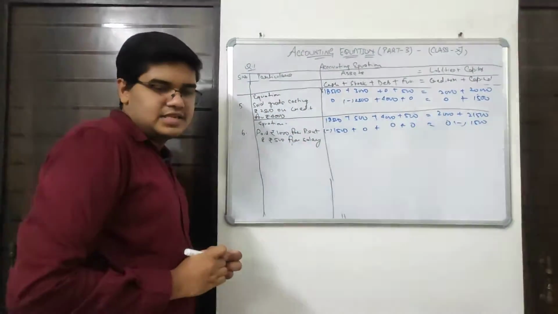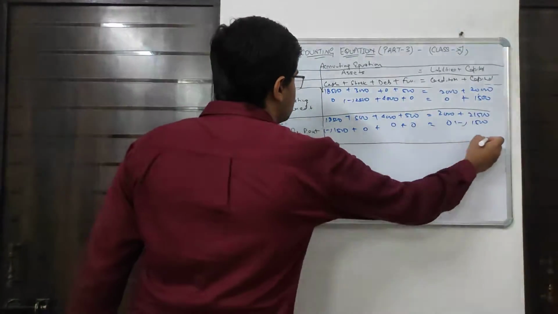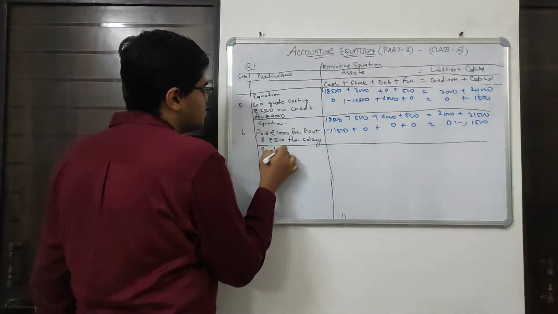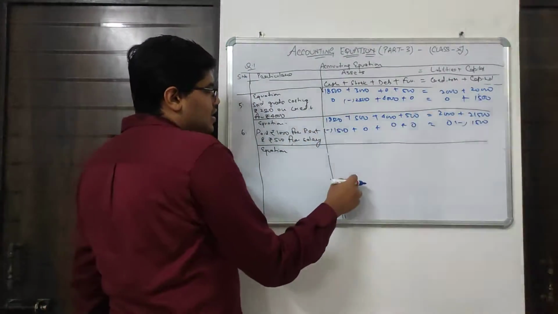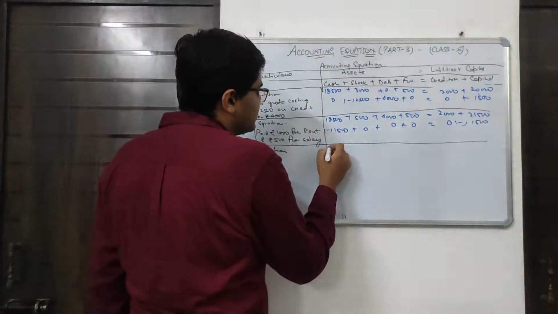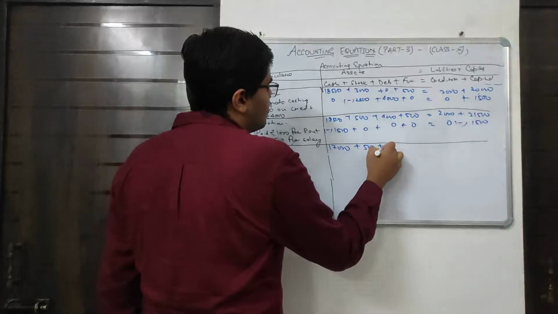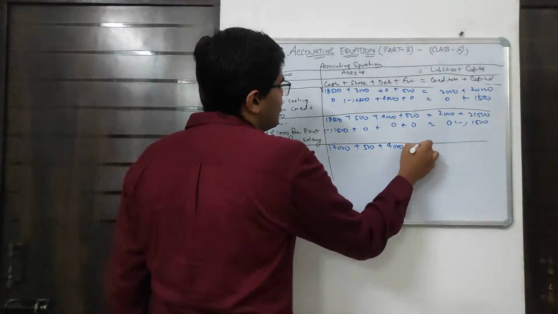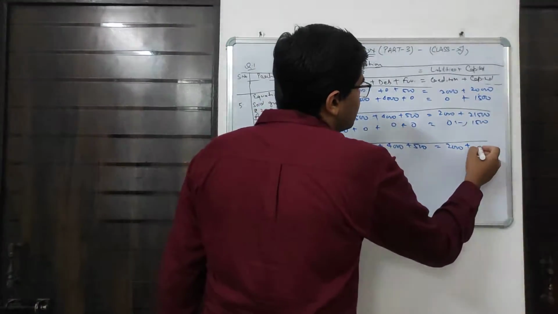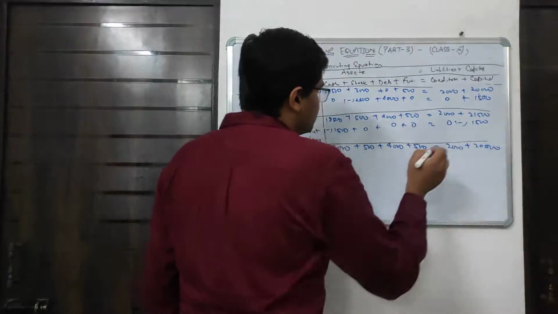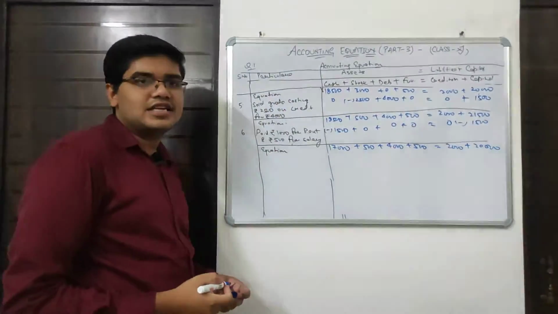Now we can frame an equation to see whether it is balanced. 17,000 plus 500 plus 4,000 plus 500 is equal to 2,000 plus 20,000. So 22,000 here, 17,500, 500, 1,000, 18,000 and 22,000, as you can see here.